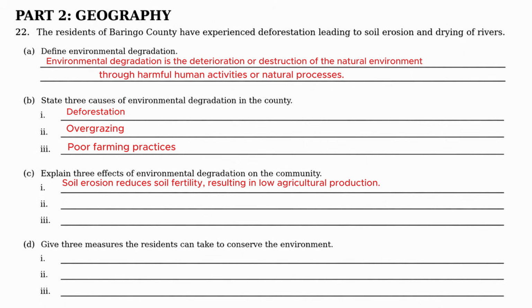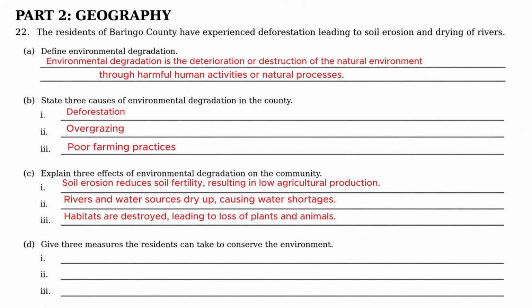And then rivers and water sources will dry up, causing water shortages. And then habitats are destroyed, leading to loss of plants and animals. Then also there could be desertification, food shortages, and increased temperature, and also increased poverty, because all these things are going to increase poverty levels.